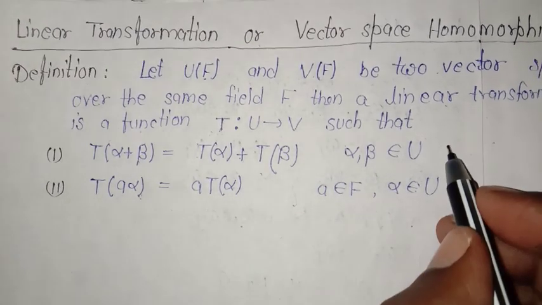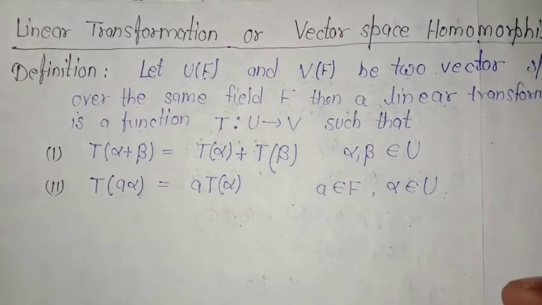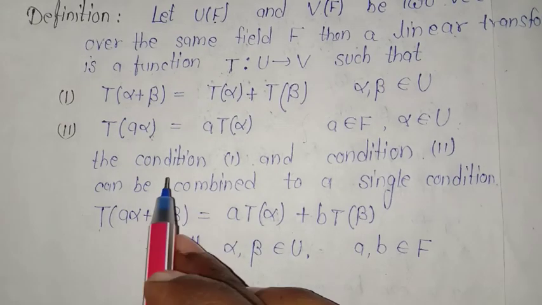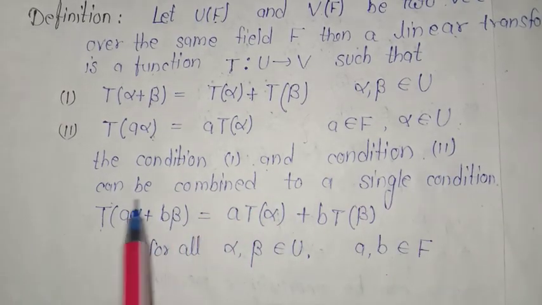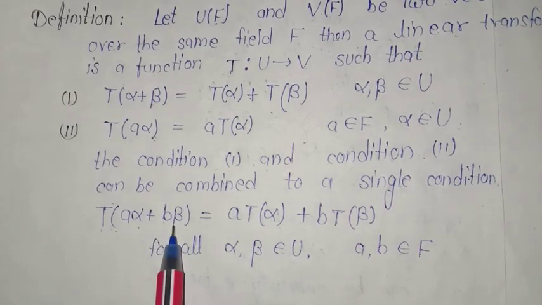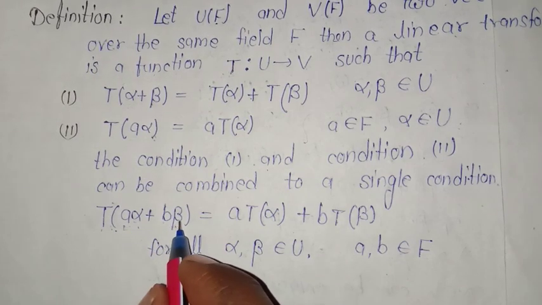In short, we can combine these two conditions into a single condition. Condition 1 and condition 2 can be combined into a single condition, that is T of a alpha plus b beta. This is nothing but the linear combination of the vectors alpha and beta.